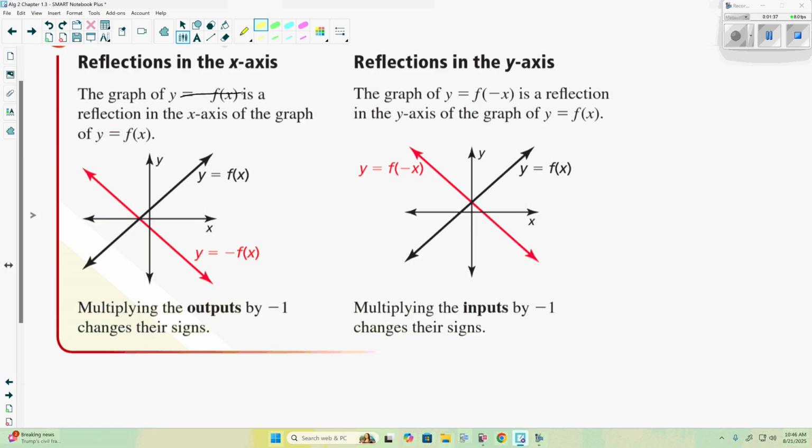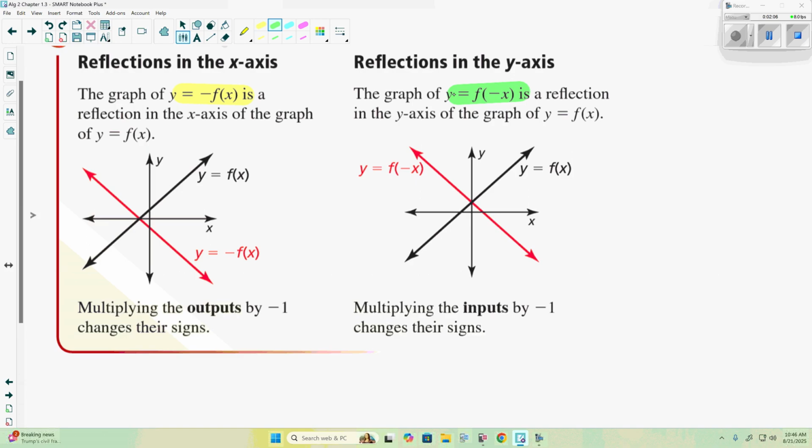That's the general form we're going to use to reflect a function across the x-axis. Now to reflect it across the y-axis, we're going to use f of negative x. And we're going to use these two forms to reflect the given function across these axes.